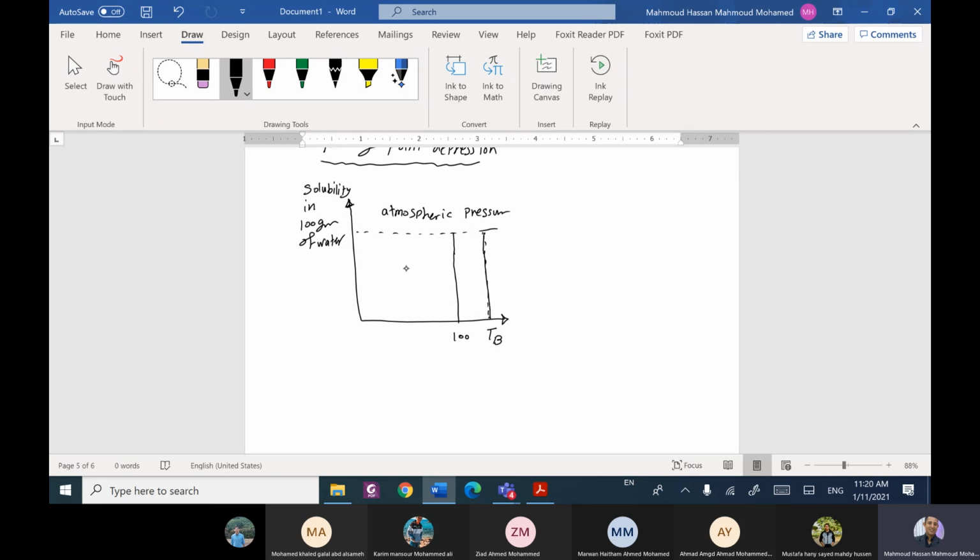And we'll find another one representing 0 degrees Celsius, the freezing point of the solvent, and the other represents the TF.